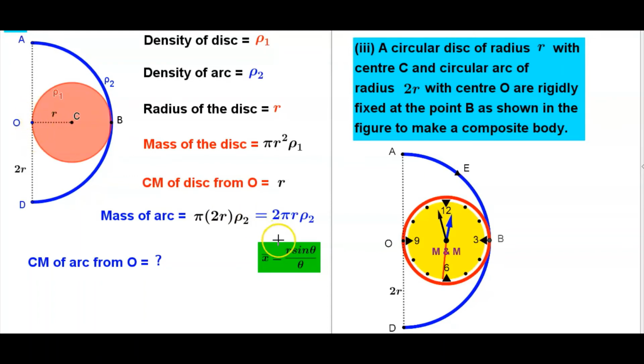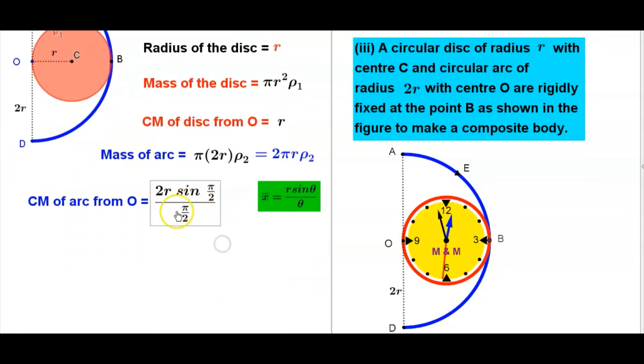Now theta is equal to pi by 2. Substituting theta equal to pi by 2, we get the center of arc from O: 2r is the radius, 2r into sine pi by 2 over pi by 2. When simplified, sine pi by 2 is 1, and 2r over pi by 2 is 4r over pi.